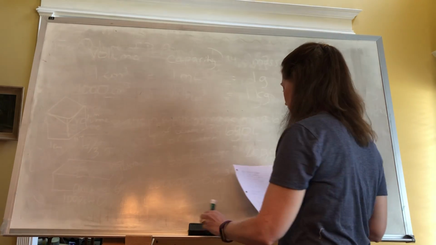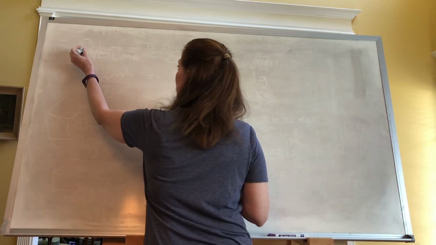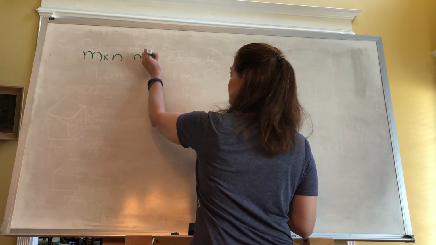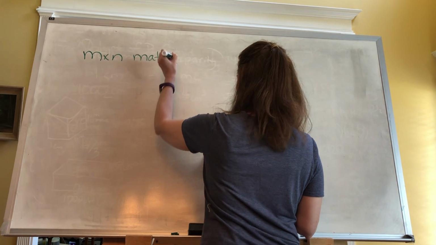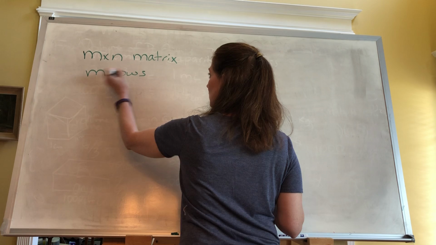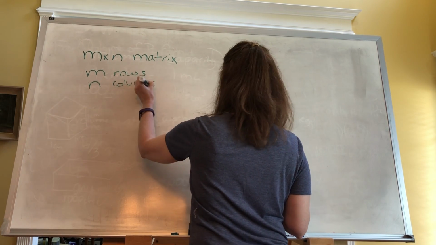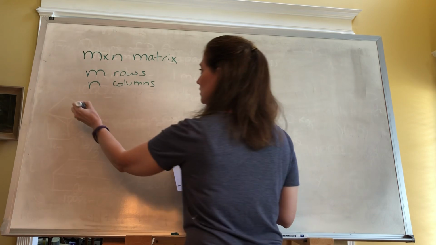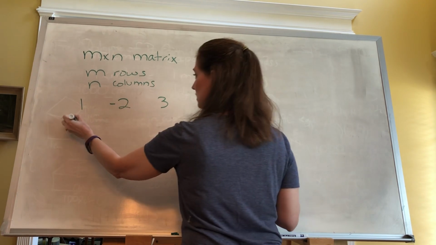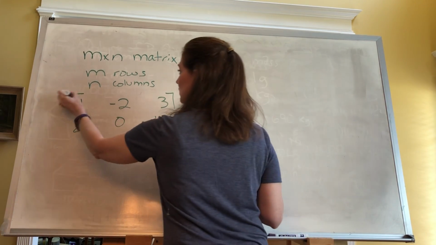Okay, so in matrices, we have an M by N matrix. That means M rows and N columns. So if I have 1, -2, 3, 2, 0, and 4, this is my matrix.